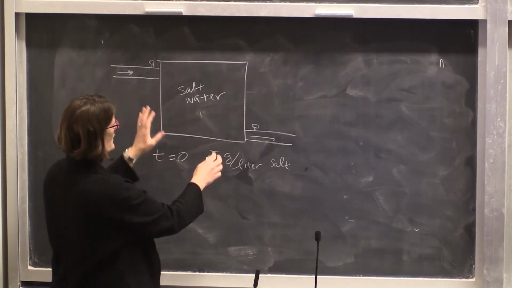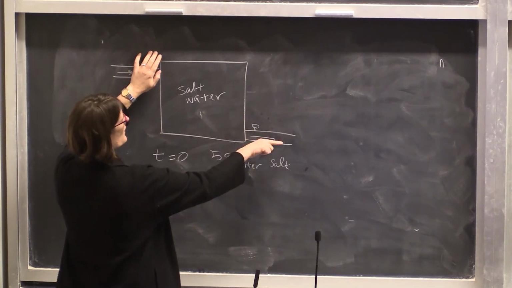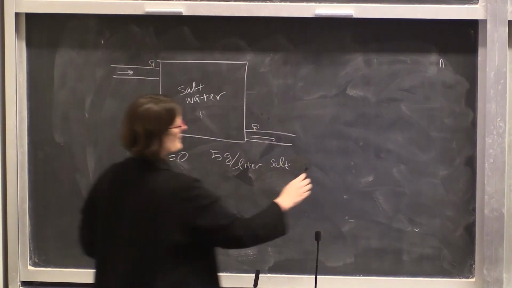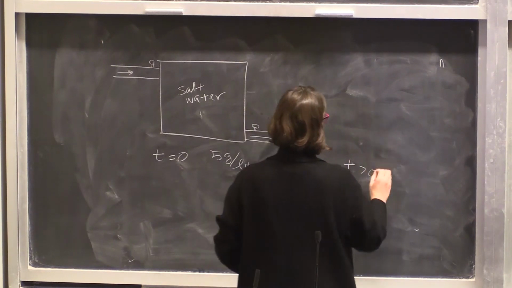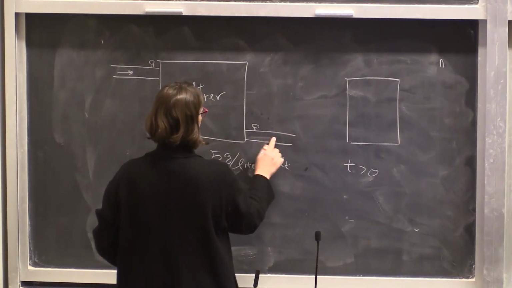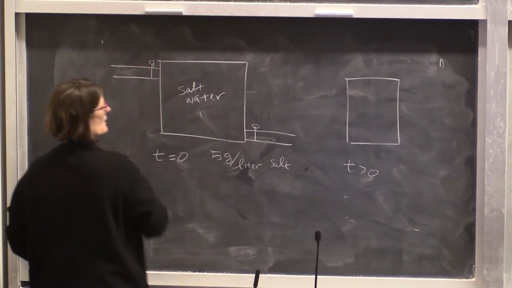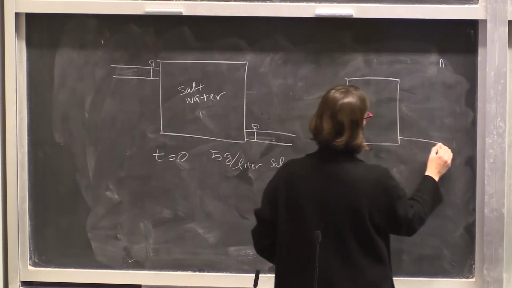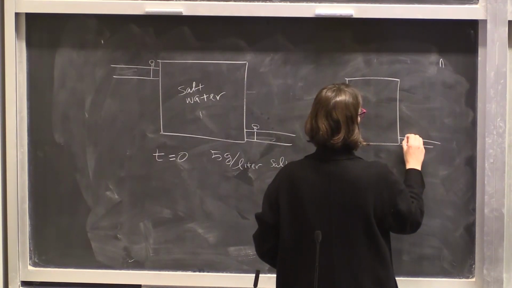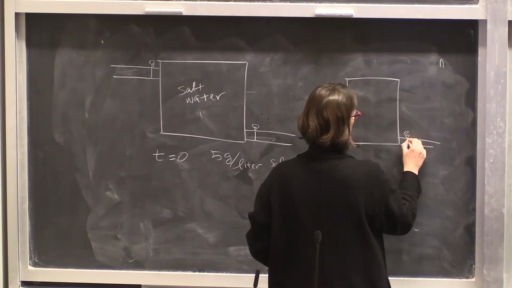So we go from having a system which has no flow to a system which has flow out and flow in. So at time greater than 0, so these are closed at first. At time greater than 0, these are open.